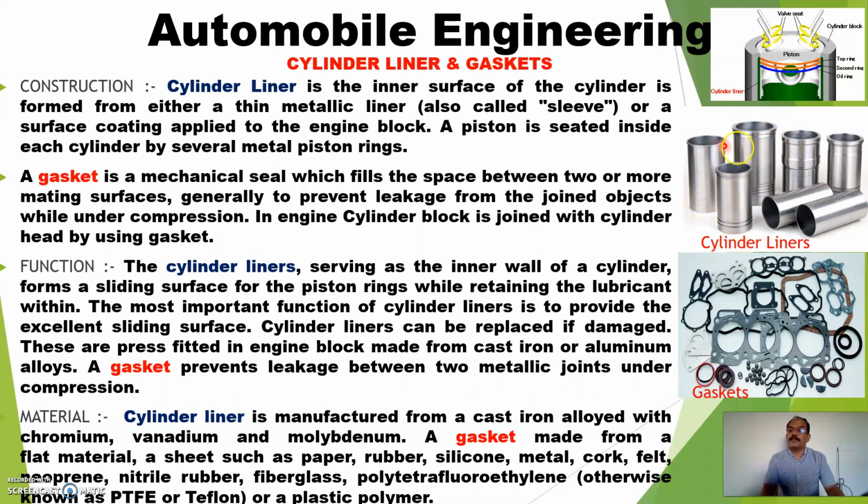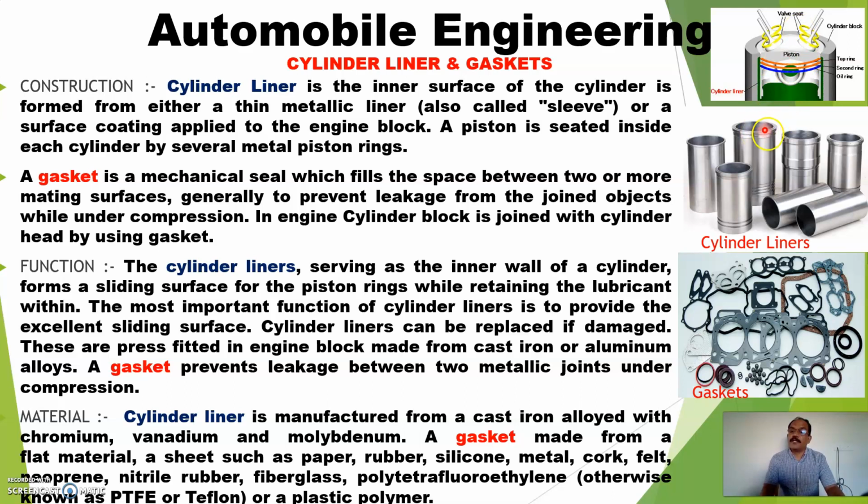Otherwise, if the cylinder liner were not there, you would need to replace the total cylinder block, or the engine block of the engine. So these cylinder liners are placed inside the cylinder block, and in these cylinder liners the piston is reciprocating.